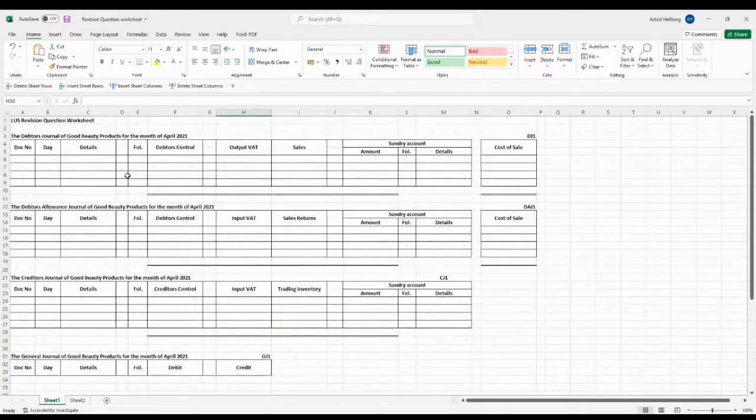It is on VC Learn if you want to download it there. Okay, so the first entry, we said we purchased merchandise from Nature Suppliers on credit. So we said when we purchase something on credit, it is a creditor. Okay, they did not give us any document numbers, so for that reason, we will not complete the document number.